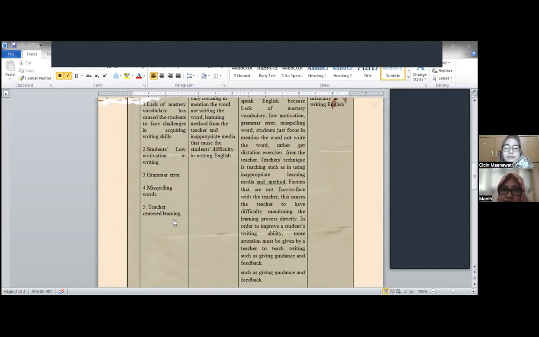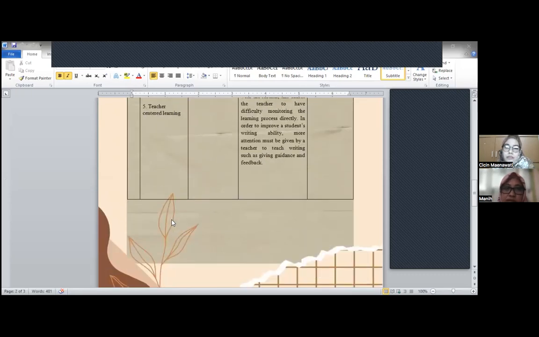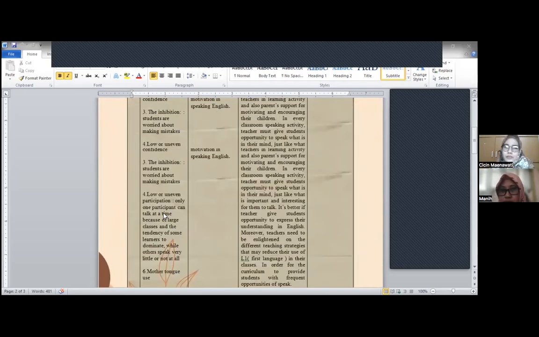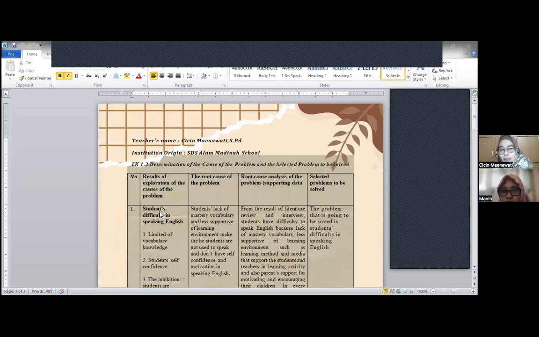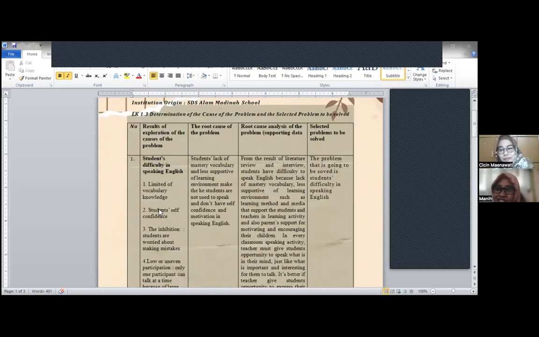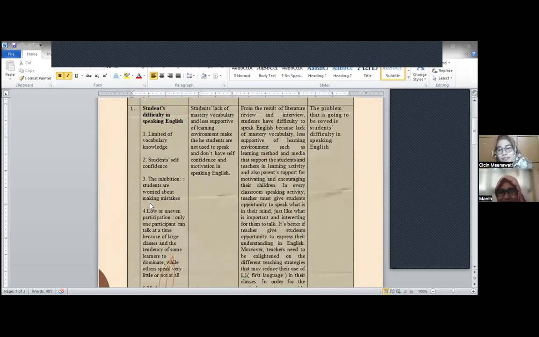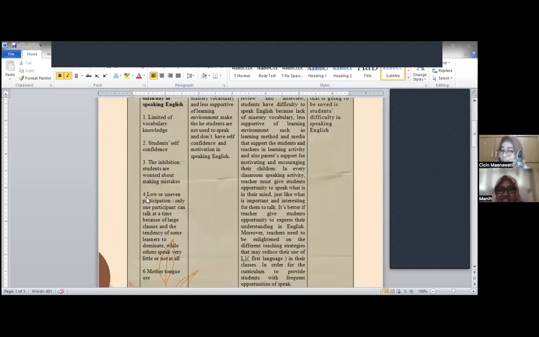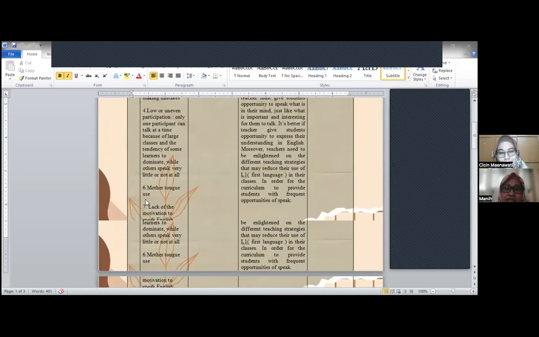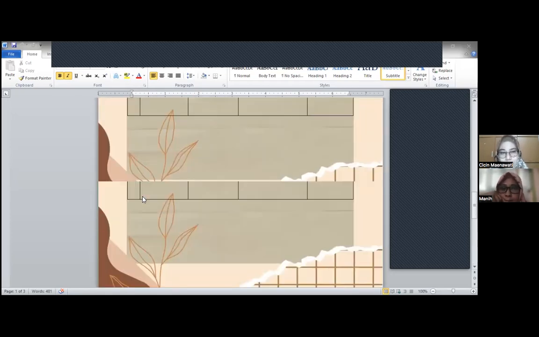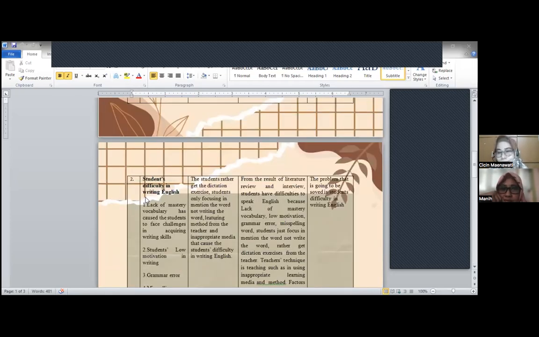This is only two, speaking and writing, and maybe the others you don't write, because in the last meeting, Mr. Ian and Mr. Agit said that we have to put only two problems here. But Mr. Agit said that I have to write four, so I have to add the three and four. But I haven't made the three now. Only two.